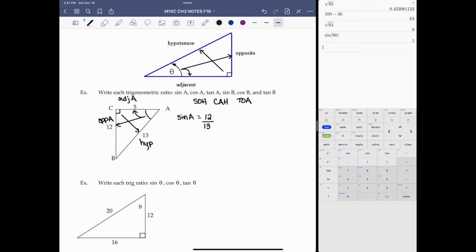Next is cos of angle A. Cos is adjacent over hypotenuse. The adjacent from angle A is 5, and the hypotenuse is 13. So 5 over 13.